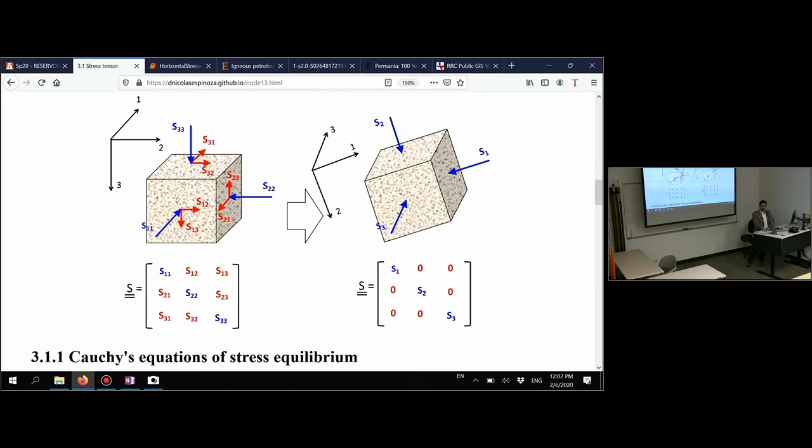But you have to find those directions, right? But you can. It's just a mathematical problem. If you write the tensor in a coordinate system which is not the principal coordinate system of that tensor, then you will see many values.